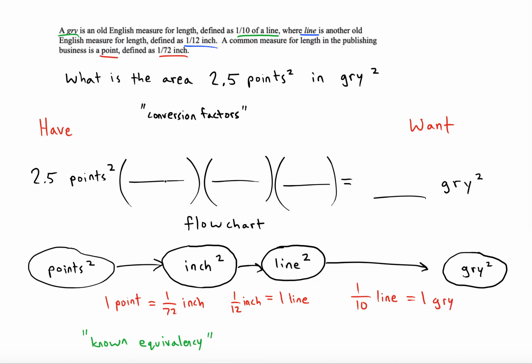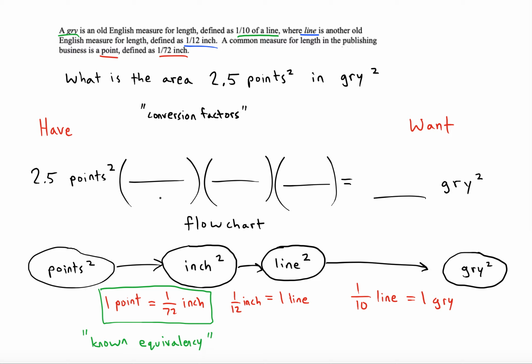Each conversion factor is like a vehicle for getting from one unit to the next. Now we want to go from points squared to inches squared. So what we put in the conversion factor is the units involved. You just got to take your known equivalency and then put it into the fraction. But you got to put the right things in the right places.